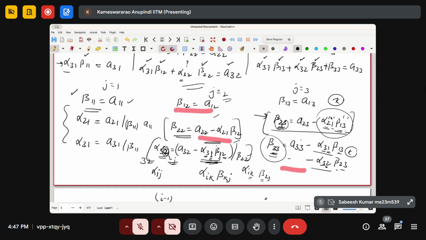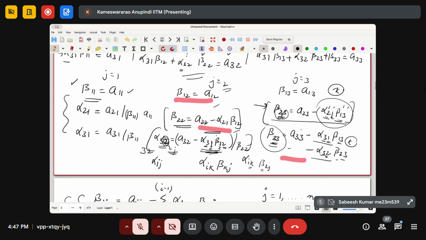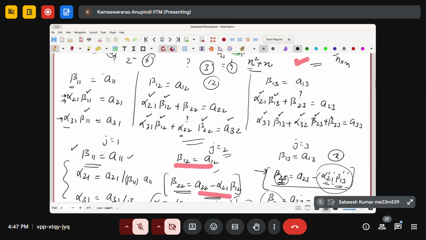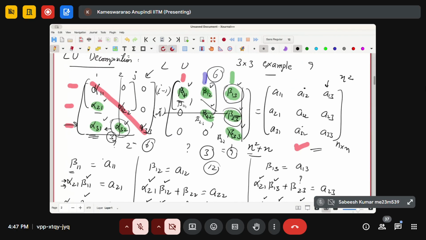You can also think of it by looking at the row or the column. When you look at a beta in some column, the previous beta values up to that row will be subtracted. If you're looking at alpha, all the values of alpha before that column will be subtracted. That means alpha goes as j minus 1, whereas beta goes as i minus 1.